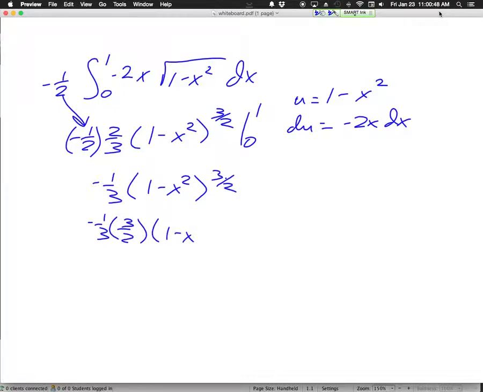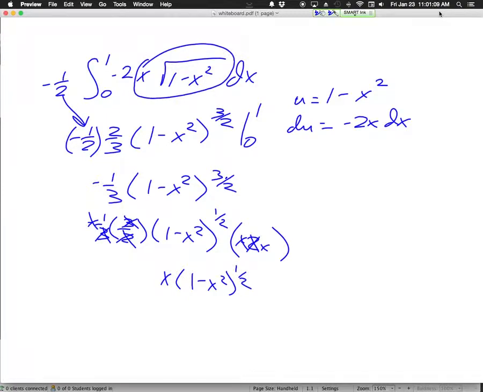I have 1 minus x squared. My new exponent is 1/2. The derivative of the inside is negative 2x. So the 3's cancel, the 2's cancel, the negatives cancel. And I'm left with x times 1 minus x squared to the 1/2. Gotcha. Which is what we started with.